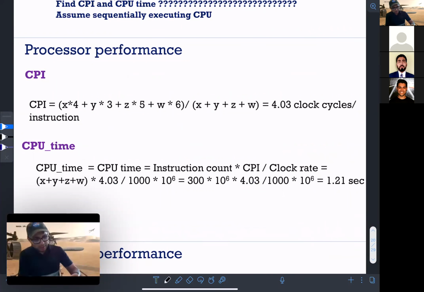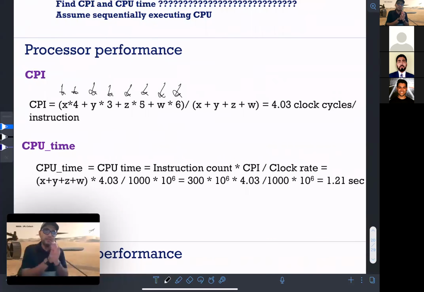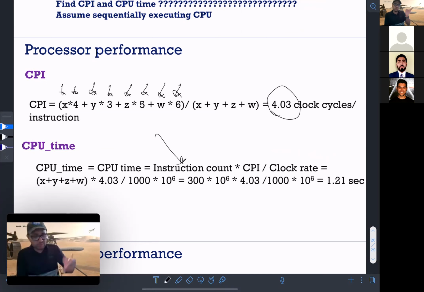I know X and the weight per cycle, Y and the weight per cycle, Z and W likewise. Calculate, divide by all the numbers, I get the CPI. Same story. I count X plus Y plus Z plus W, times the CPI, divided by the clock rate, and I can get the CPU time. It's just repeating the previous example with different values. That makes sense?